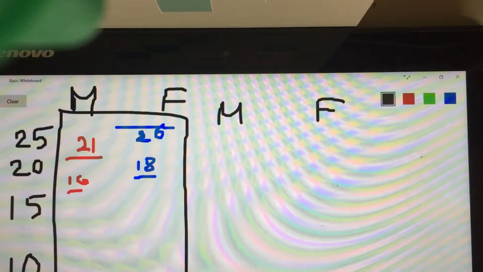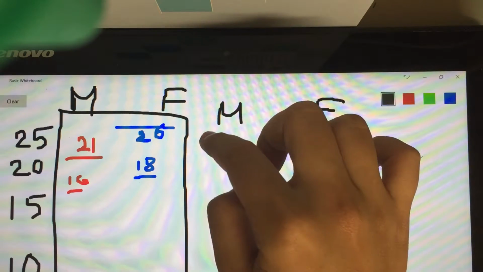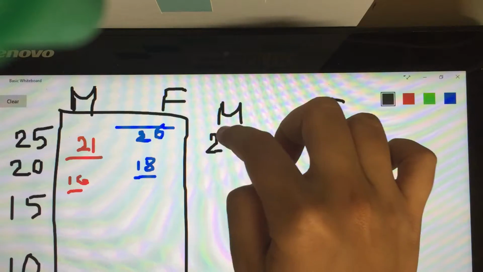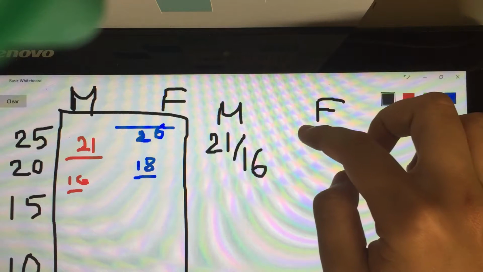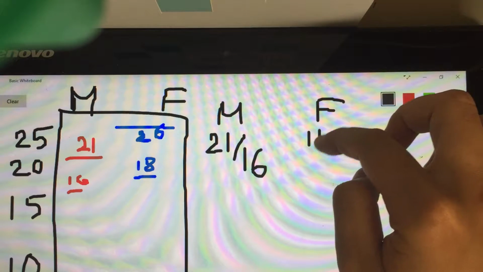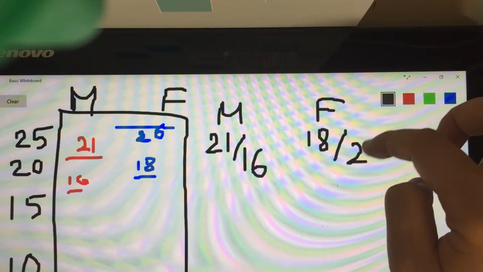So right here we have heterozygous mom genotype is 2116, and for dad is 1826.